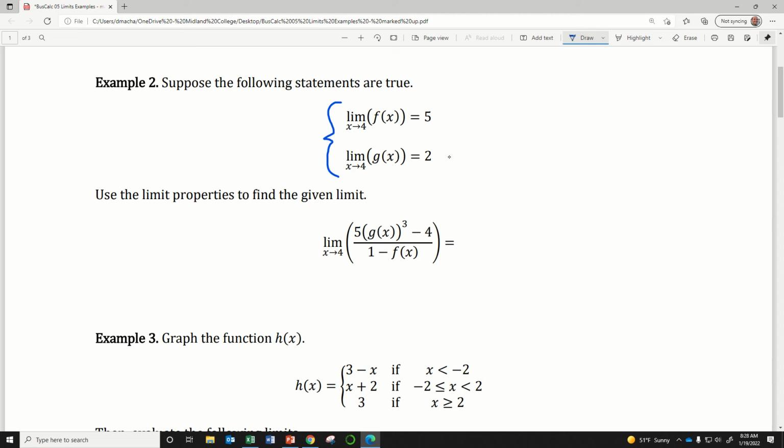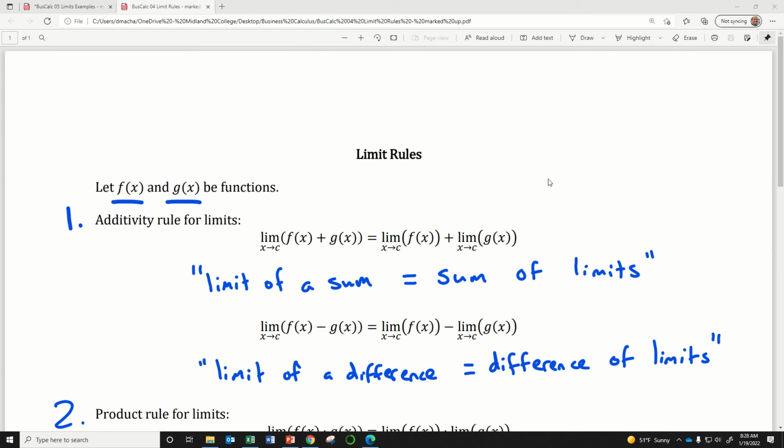And what I see here is that this limit is actually a limit of a quotient. So I have something in the numerator divided by something in the denominator. And I want to remind you of the previous video. Let me pull that up. Okay, here we go, the limit rules from the previous video.